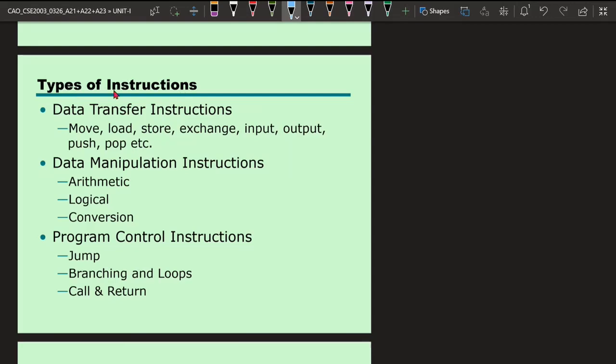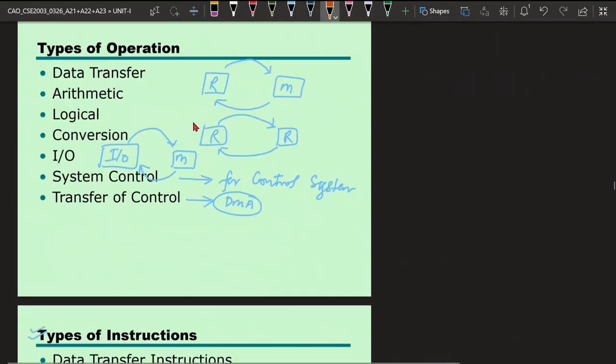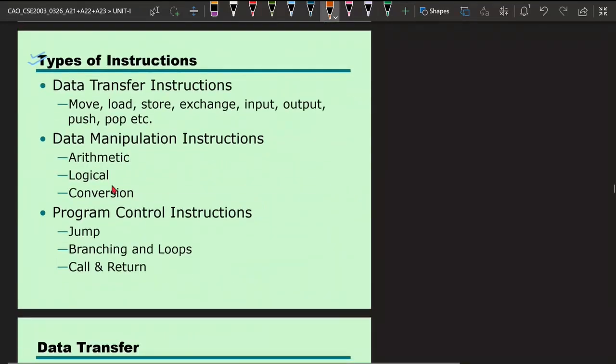In terms of types of instruction, we will have data transfer instructions, data manipulation instructions, and program control instructions. Data transfer instructions are the instructions that transfer data from one location to another location. The operations a microprocessor can perform are divided into instructions, and all of them can be included into these three types.